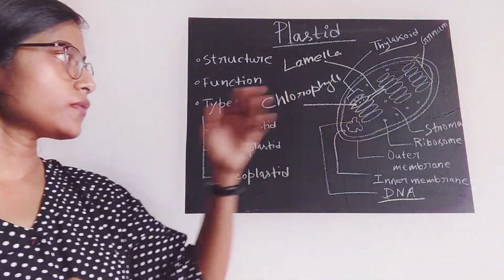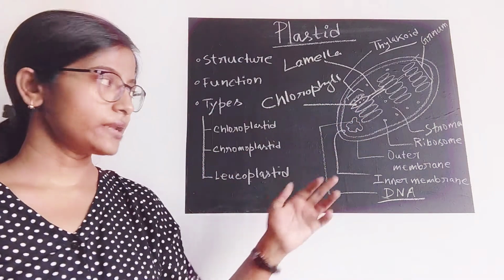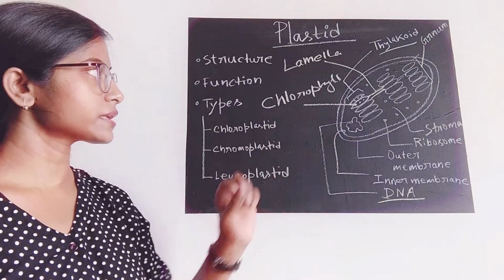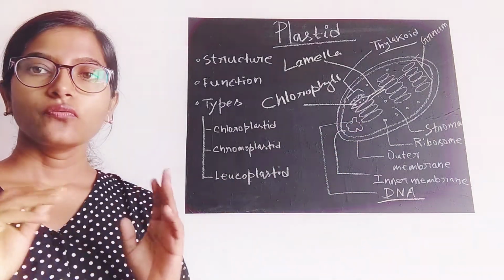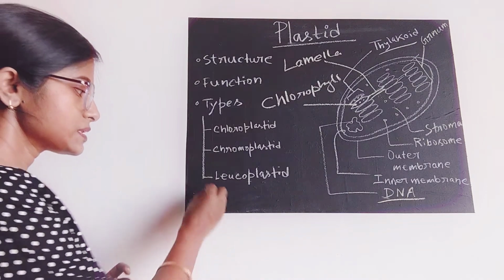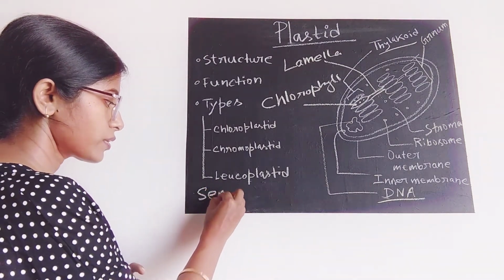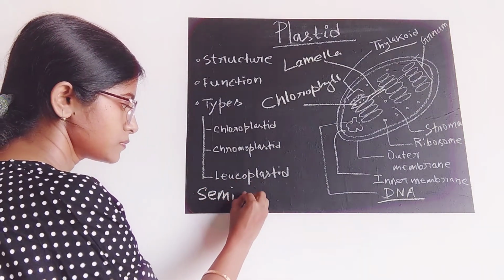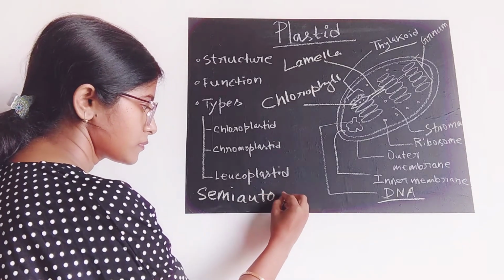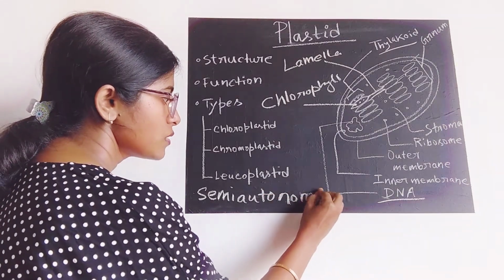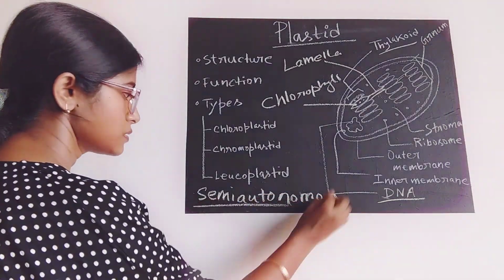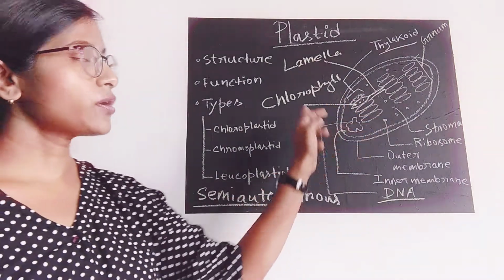So they also have separate circular DNA in their structure. That's why we call them semi-autonomous organelles.